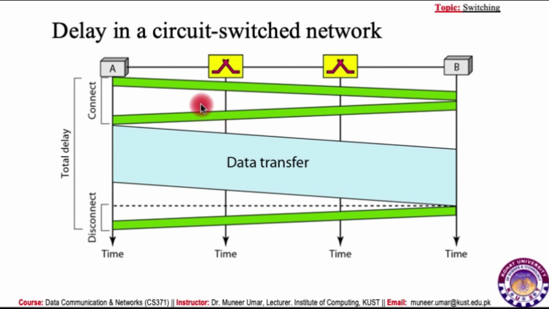The delay caused by the setup is the sum of four parts. So for setup, we have four things. The first one is the propagation time of the source request, then the request signal transfer time, then number three, the propagation time of the acknowledgement from the destination, and the last thing is the signal transfer time of the acknowledgement.